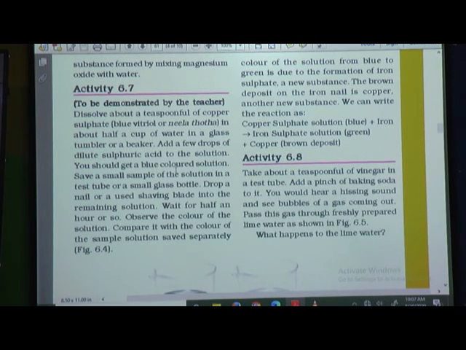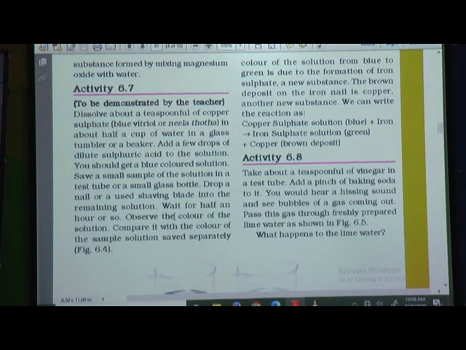You should get a blue colored solution. Save a small sample of the solution in a test tube or a small glass bottle. Drop a nail or a used shaving blade into the remaining solution. Wait for half an hour or so. Observe the color of the solution and compare it with the color of the sample solution saved separately.